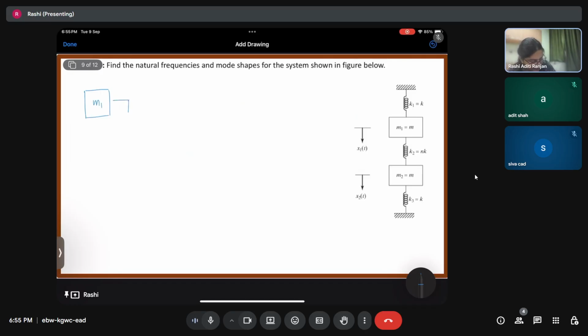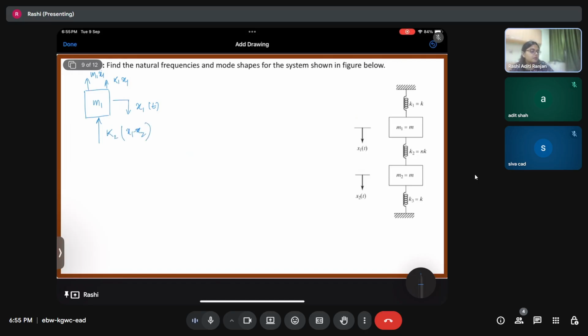So m1 is getting displaced by x1 of t, which will cause the inertia force m1 x1 double dot, a spring force k1 x1. Other than that, there's going to be another spring force because of the relative displacement between x1 and x2, written as k2 (x1 minus x2).